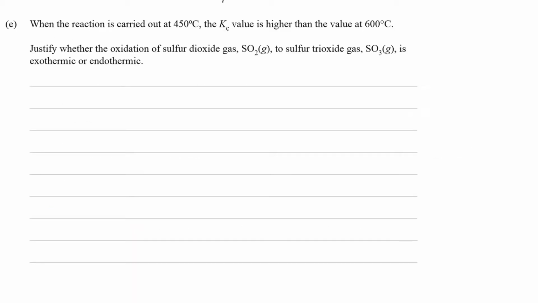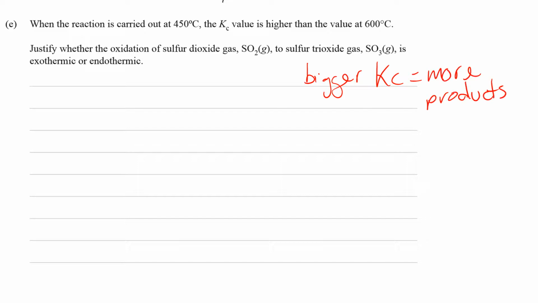An example of this from your exam, so this is the 2018 exam, is when a reaction is carried out at 450 degrees, the Kc value is higher than when the value is at 600. Okay, so to answer that question, we need to understand that a bigger Kc equals more products.